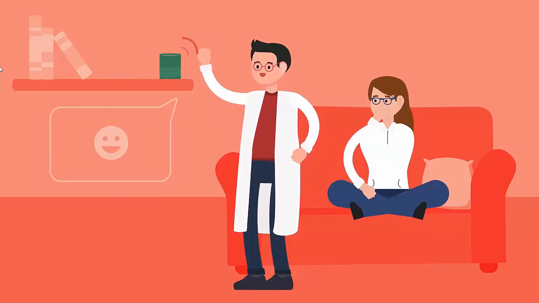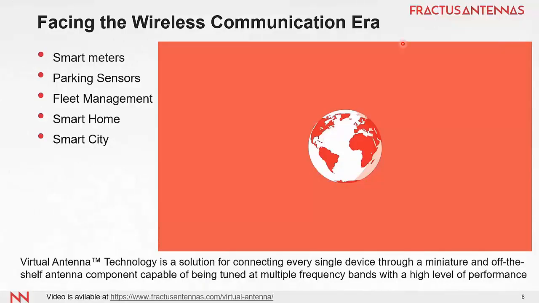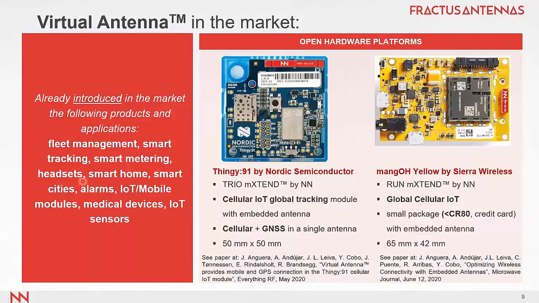Okay. Let's share my screen again. So these are some real examples of the virtual antenna integrated in IoT devices. The first one is an open platform for IoT, cellular, GPS, GNSS, with sensors for humidity, speed, position, air quality, as well as this nice open platform by Mango Yellow Sierra Wireless.